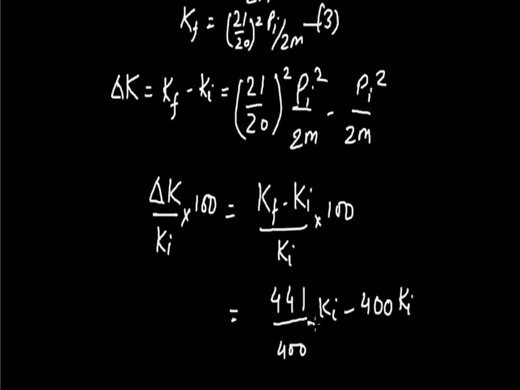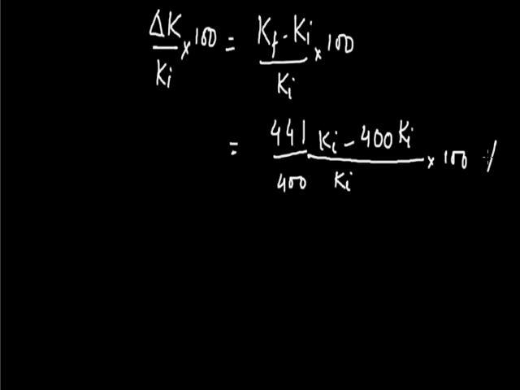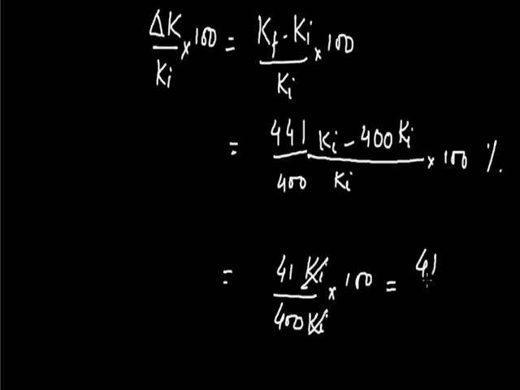If the LCM is taken, then it will be like this, into 100, so we get the value in percentage. As we solve the numerator, it will be 41 Ki upon 400, and with the 100 we will have 41 upon 4, and this value comes equal to 10.25%.